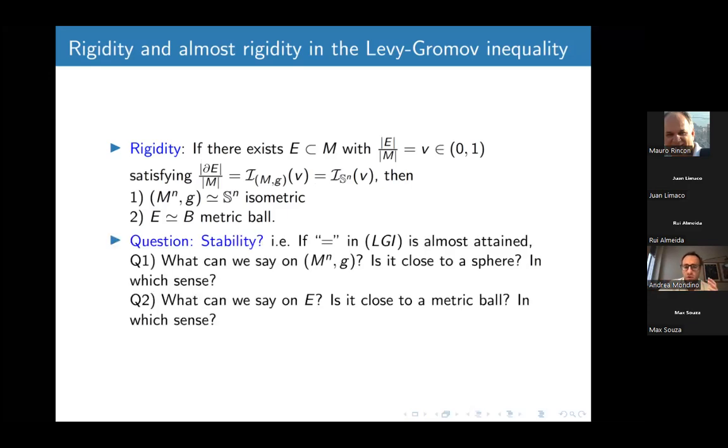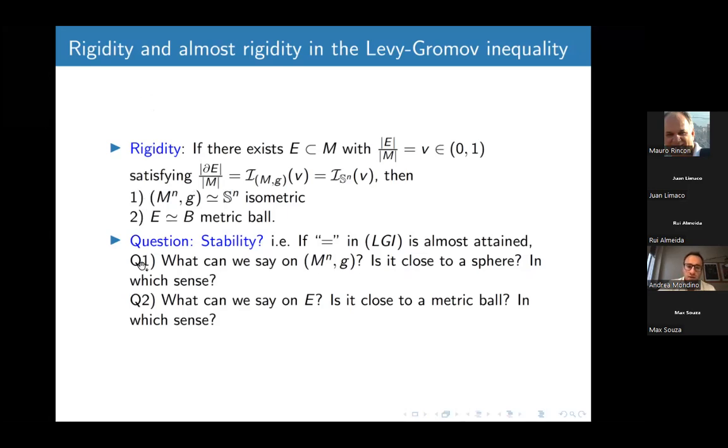The question that I want to address today is about stability. So the stability is: what can we say if the equality is almost attained? In the rigidity, we study what happens when the equality is attained, and in the stability we ask what we can say if the equality is almost attained. I like to divide the stability question into two sub-questions corresponding to the rigidity parts 1 and 2.